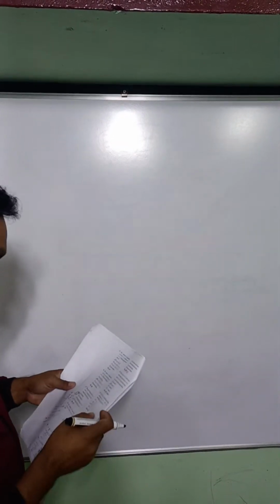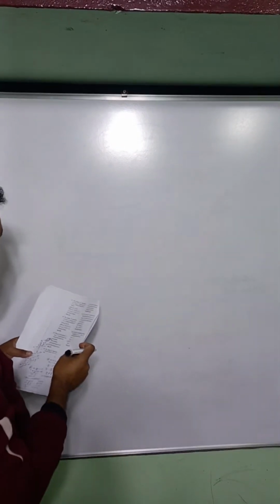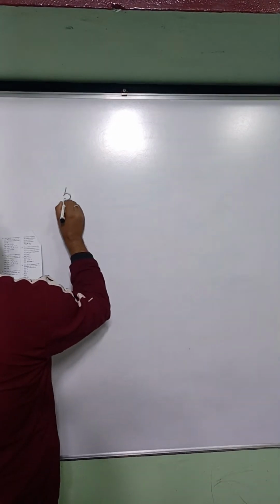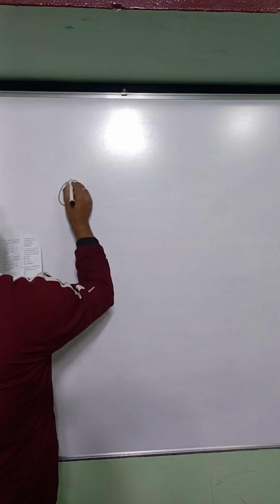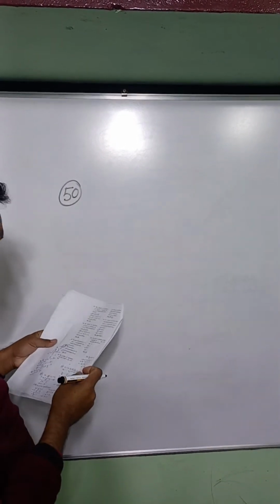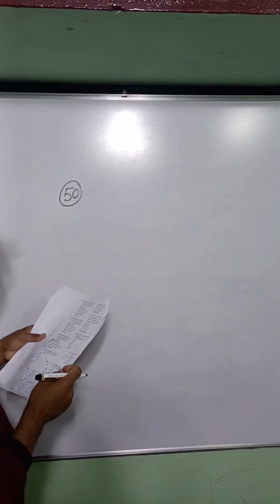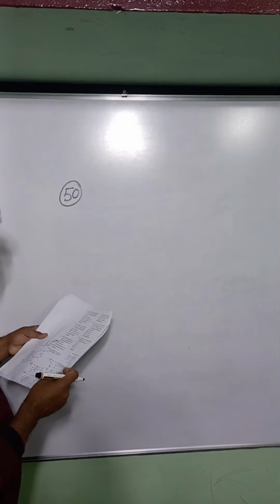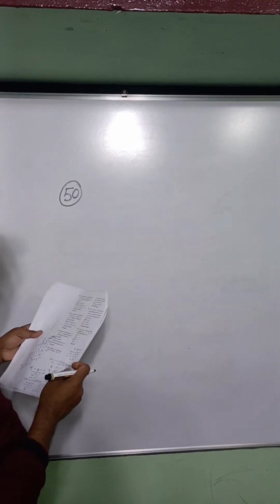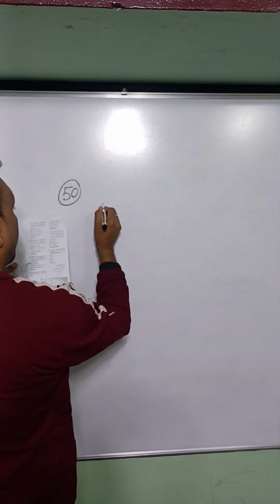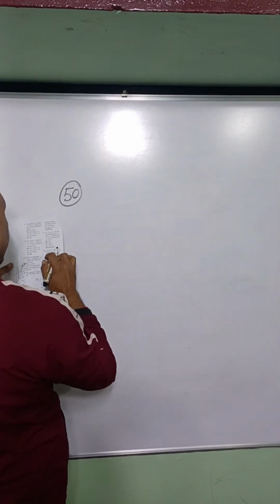All right, we have completed 49. Then we'll proceed to question number 50. If k comma x is the solution of the equation, one equation is given, then the value of k.